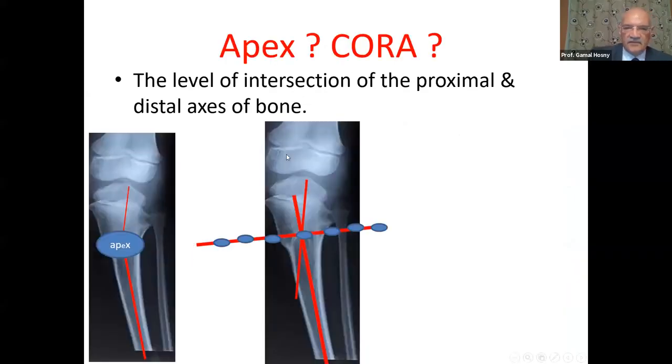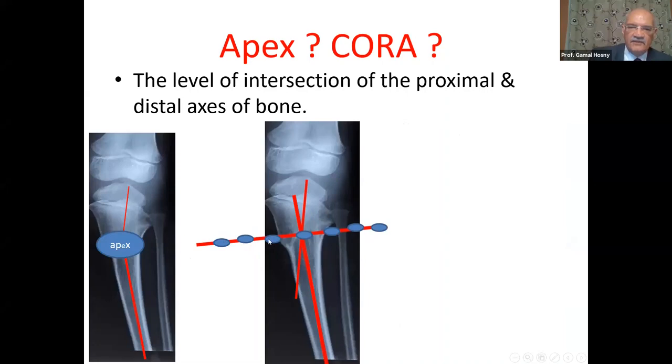Again, as I've told you, the CORA is the intersection of the proximal axis and the distal axis, and they meet each other in the CORA. But the CORA lies along the transverse bisector line. This is the transverse bisector line, which bisects this angle into 2 equal angles.